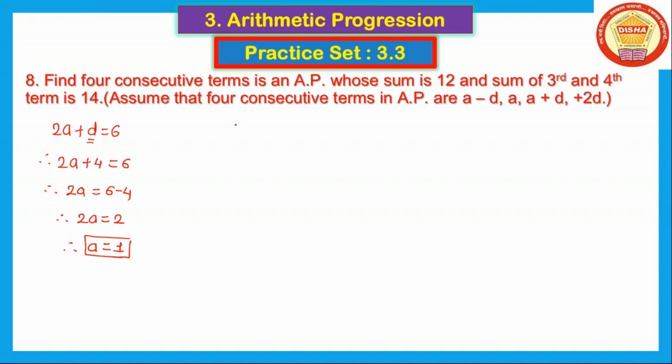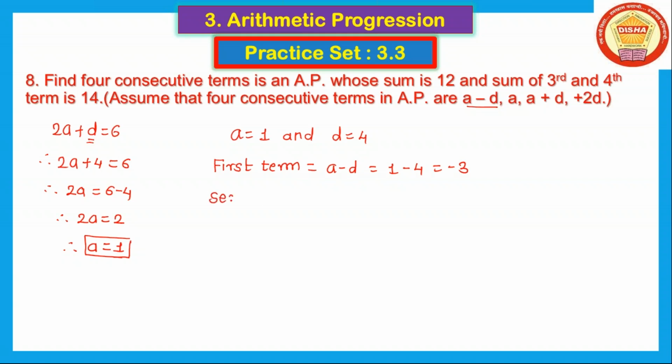So with a equal to 1 and d equal to 4, we find these 4 consecutive terms. The first term, as we considered, is a minus d. We put 1 minus 4, which is equal to negative 3.